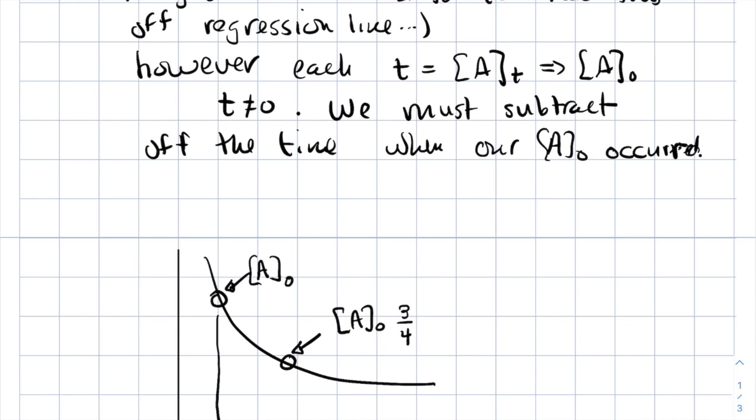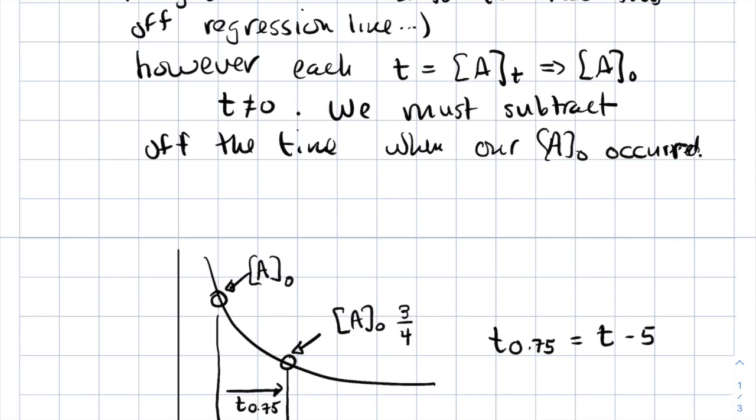In other words, this time increment here is going to be T 0.75. Right? So let's say whatever this is T. Let's just say this is T. You can see that the 3/4 time, T 0.75, is going to be T minus 5 using this picture, right?